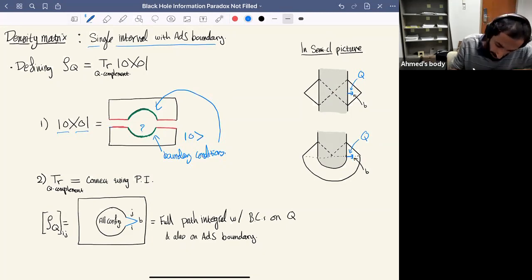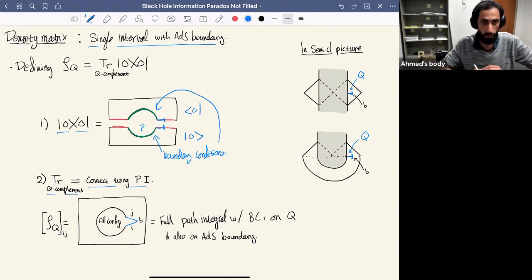In any case, this is supposed to be the state 0, or rather the ket, and this is the bra. Now, to get the density matrix, as I just said, we need to trace over the complement, which means just connect everything else other than the region Q, which happens to be here and here.